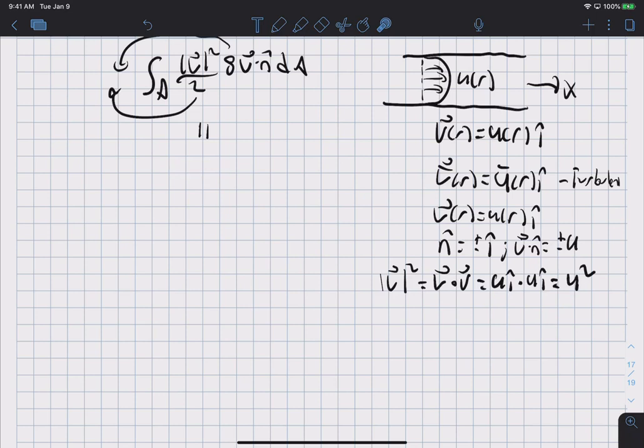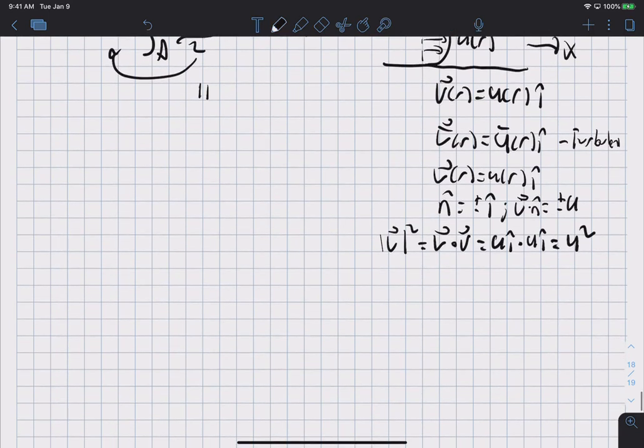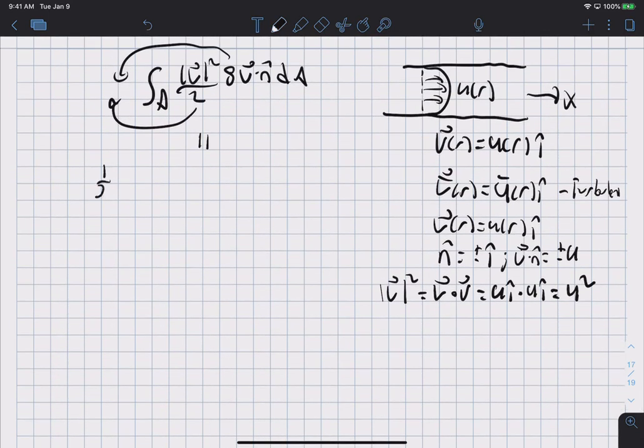So we have rho over 2, which equals 1/2 rho times the integral over the area of v dot v. Well, that's just u squared times v dot n hat, and that's just another u, times dA. Okay, and I'm going to move the plus minus out to there.